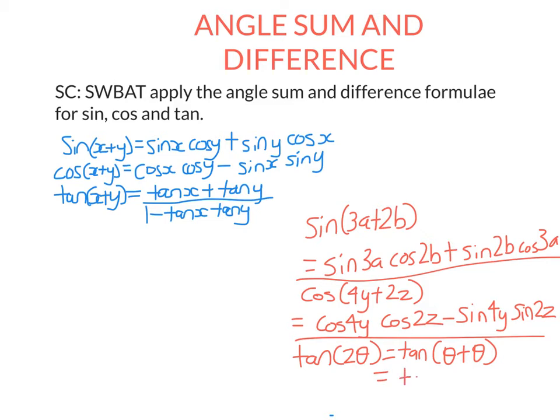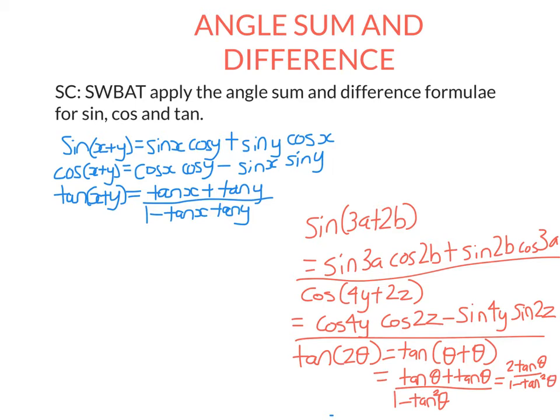So I get tan theta plus tan theta over 1 minus tan theta times by itself. Remember, we write that as tan squared theta. So tan squared theta means tan theta times by itself. And of course, we can simplify that to 2 tan theta over 1 minus tan squared theta. Okay, so that's just getting used to the formula.